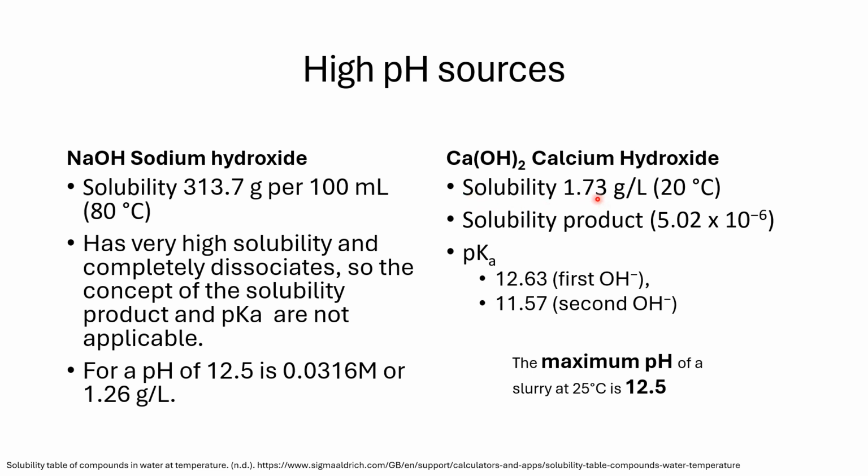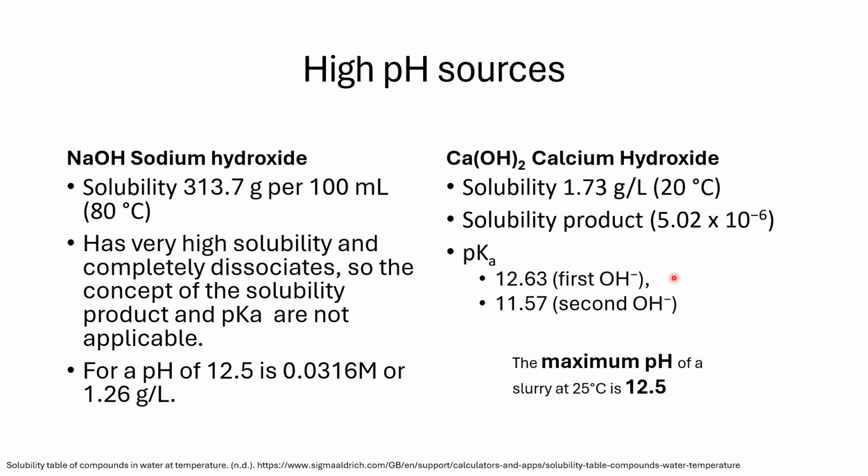Now, calcium hydroxide is really quite different. Here you've got the solubility, it's got a very definite solubility, and it isn't very much. You've got less than 2 grams per litre solubility. Now, we actually talk about a solubility product. Now, that's actually a very low solubility product, and what that indicates is that it's very difficult to get that into solution.